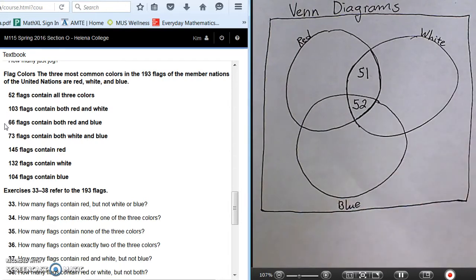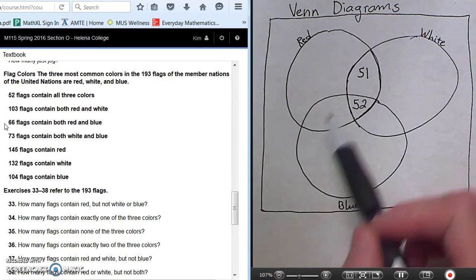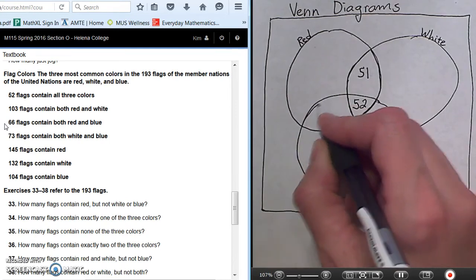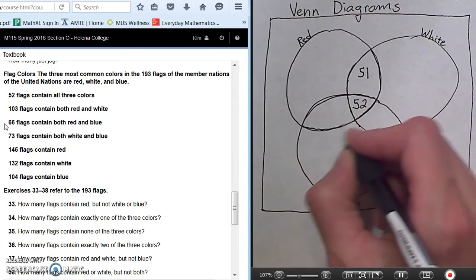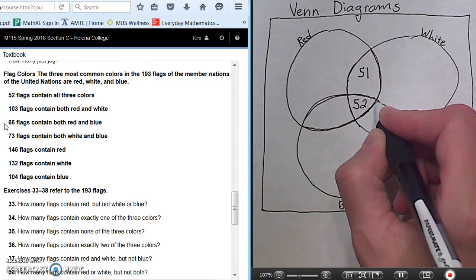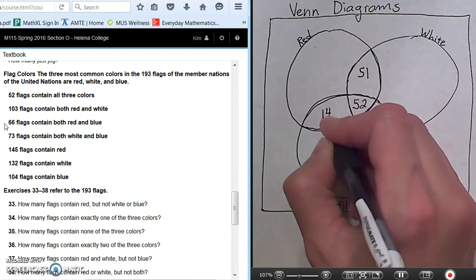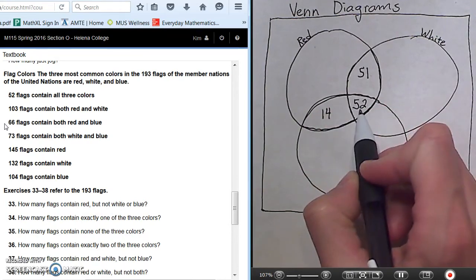Third piece of information. 66 flags contain both red and blue. Where the red circle and blue circle overlap, this I, it needs to have a total of 66. There's already 52. 66 take away 52 is 14. If we add those 2 numbers together, we get 66.